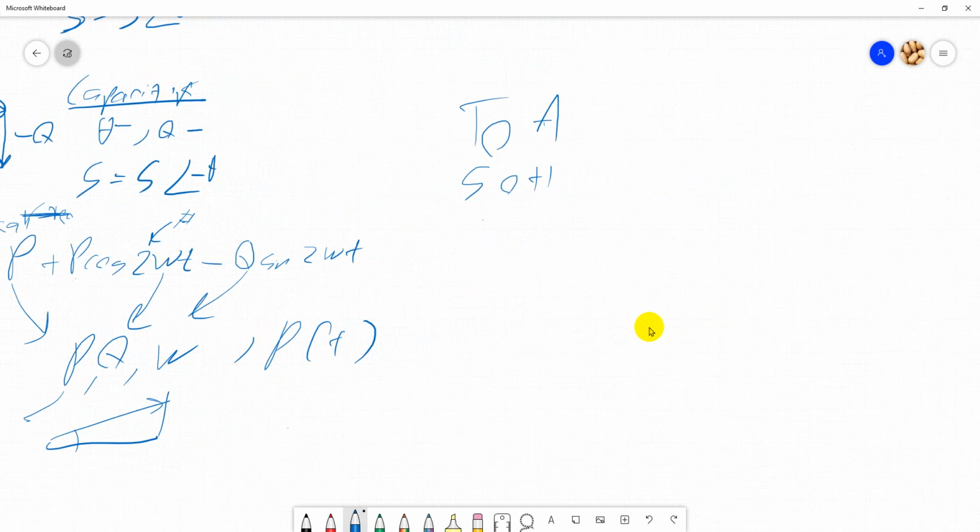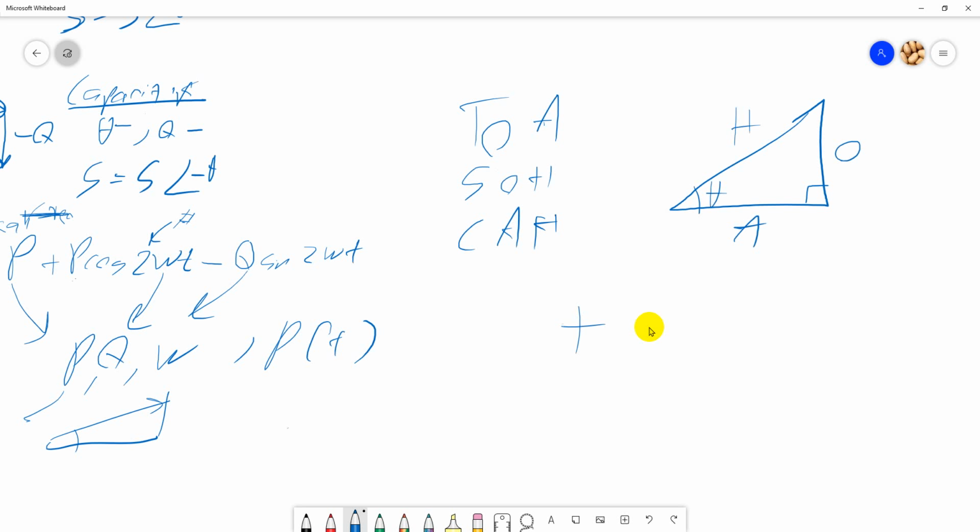So, if you have the angle like this, this is the 90 degree. This one is opposite, this one is adjacent, this one is hypotenuse. Okay, so this is the angle. So tan theta is basically TOA, opposite over adjacent.